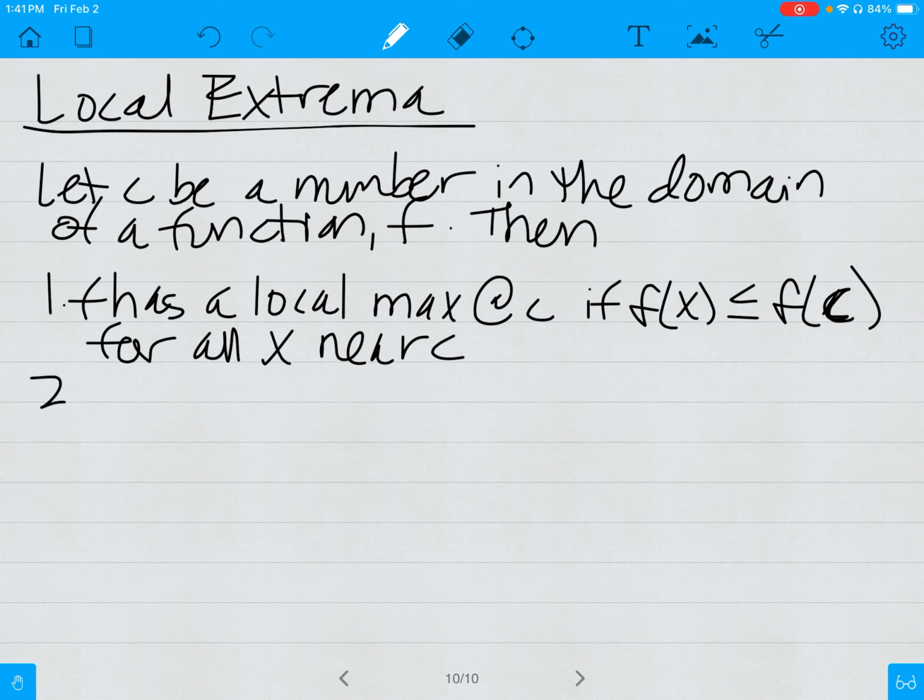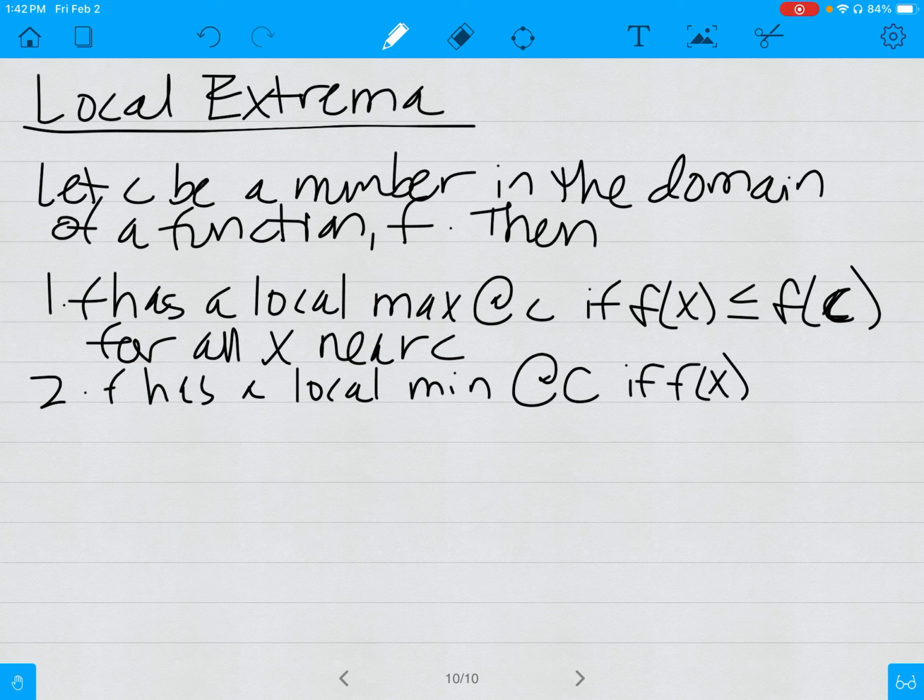And then 2, we're going to talk about the minimum. Okay, so f has a local minimum at c if f of x is greater than or equal to f of c for all x near c.